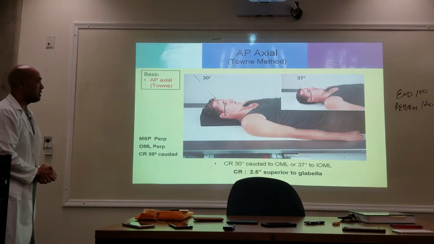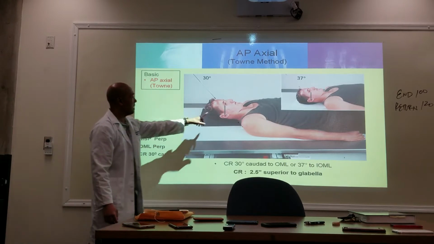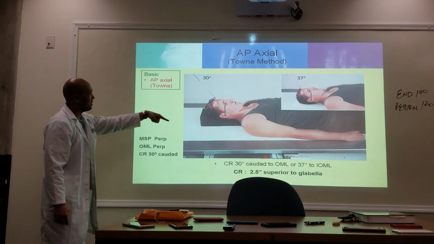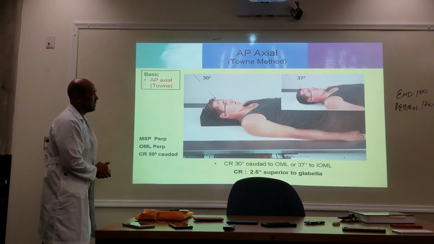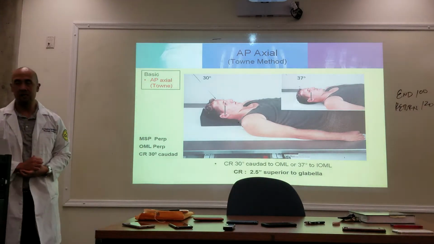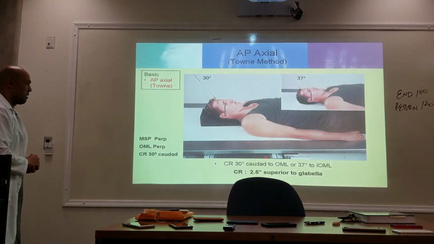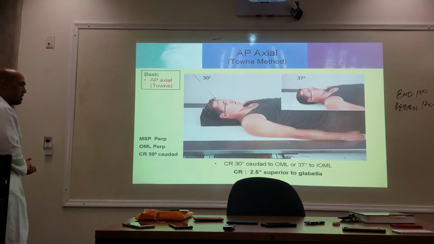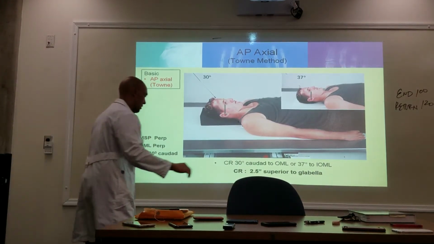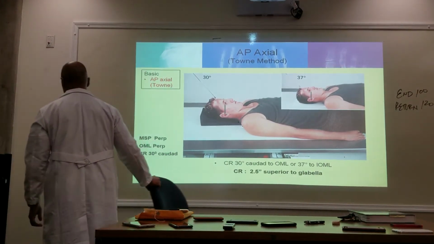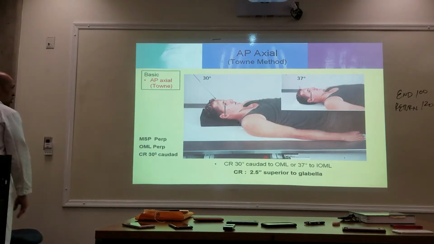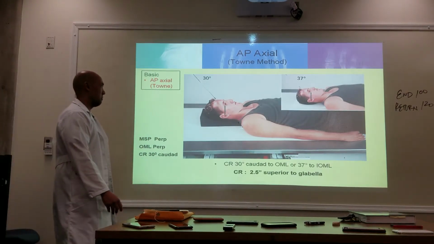Now if we can accomplish this OML perpendicularity, then all we need to do is a 30-degree angulation toward the feet, a caudal angle of 30 degrees, and that's going to be centered 2.5 inches above the glabella.